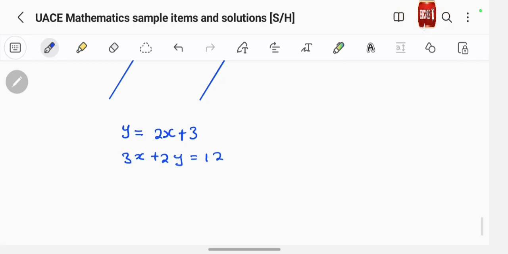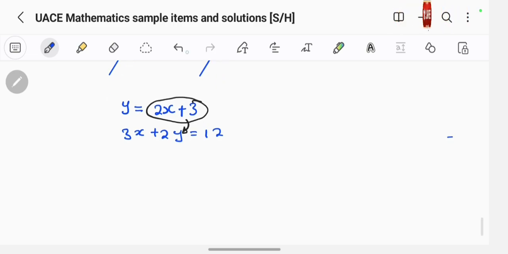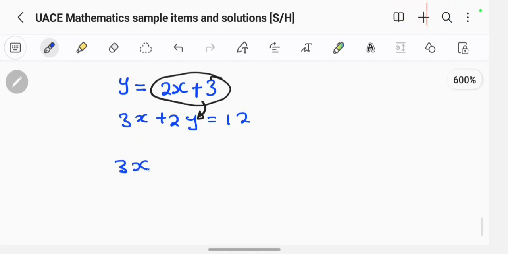So I'm going to substitute this in the position of y there. It's going to be 3x + 2(2x + 3) = 12.